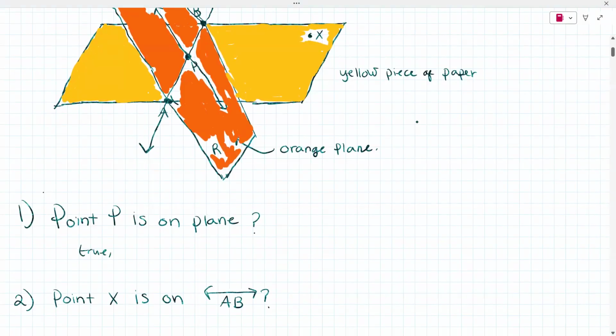And the reason is since point P is on both orange and yellow piece of paper.